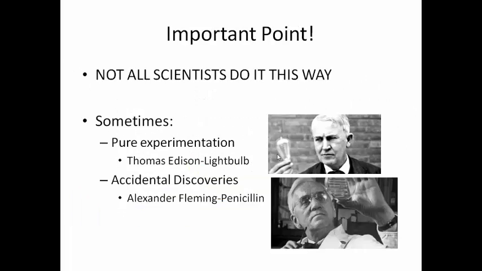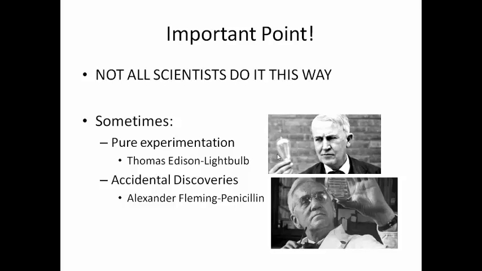So another important thing to notice is historically, not all scientists have done it this way, and not every single scientist practices this exact method. This is a great method that incorporates every important procedure, which is why we're going to practice this method, but it's not always the case. For instance, Thomas Edison created the light bulb just by pure experimentation.